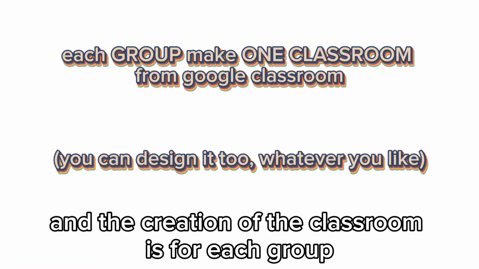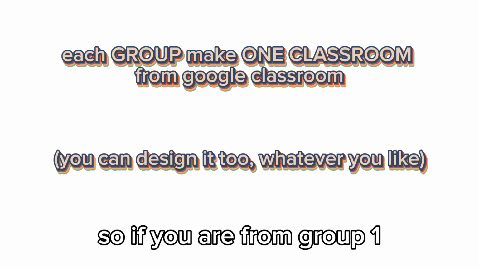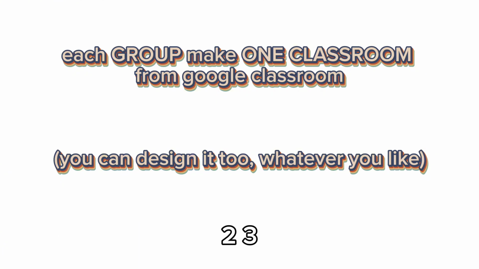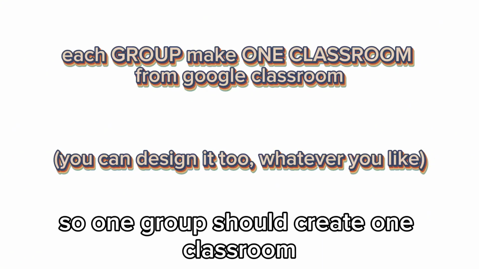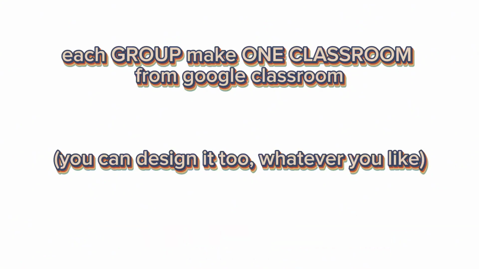The creation of the classroom is for each group. So if you are from group 1, 2, 3, and so on, you can create it together with your group members. So one group should create one classroom in Google Classroom.